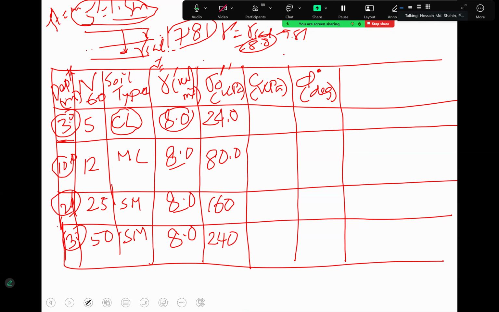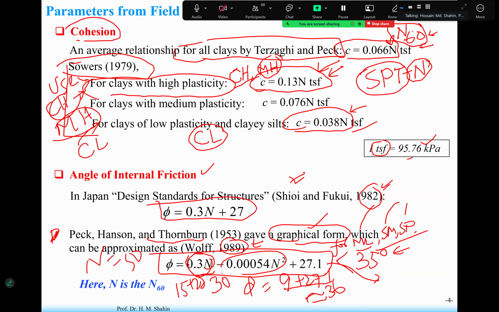I can see our previous, oh no, here. It is somewhere here. Sauer's equation for clay CL is 0.038 N into 95.76. Okay. Come here.